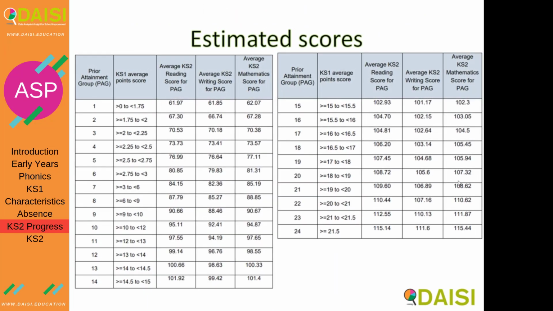So if we take another example, say someone with a Key Stage 1 point score of 14, you can see that these pupils had on average a 50-50% chance of passing reading, of passing maths, and slightly less of passing writing. So this is your pass mark.